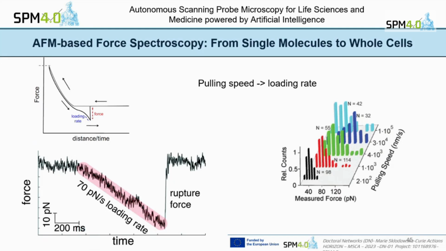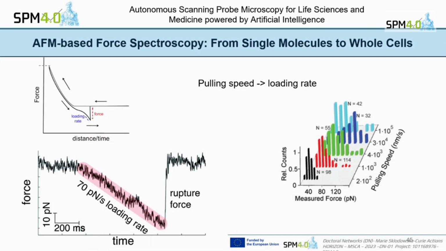To say more about the force and the energy that is needed to unbind, to rupture the complex, we perform these measurements with various loading rates. Loading rate is proportional to pulling speed.